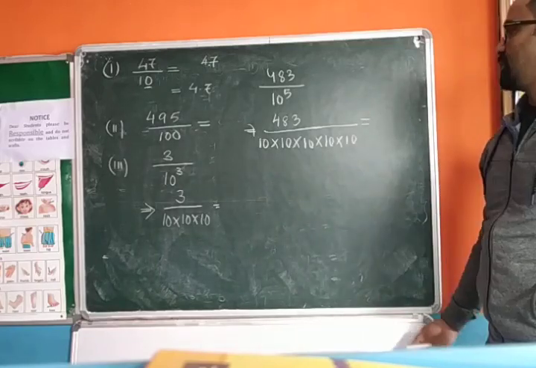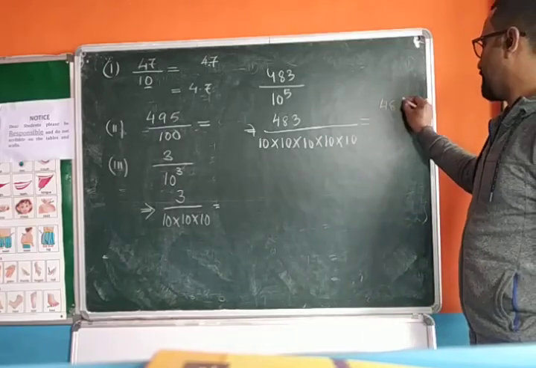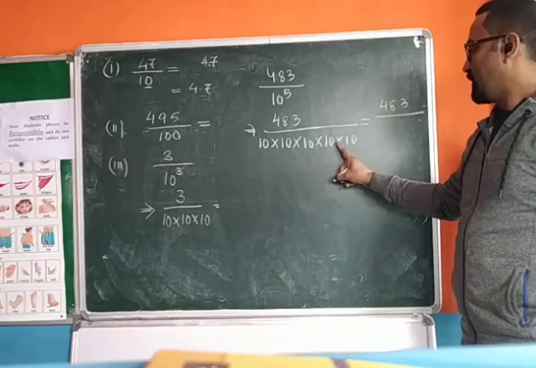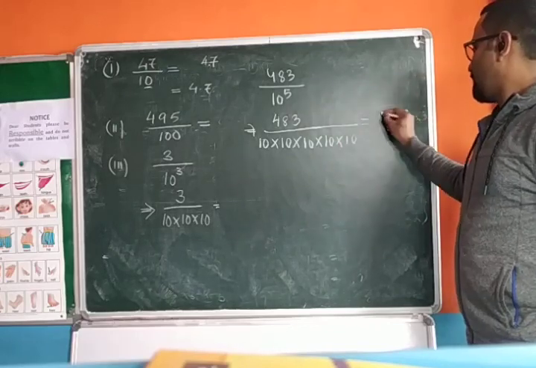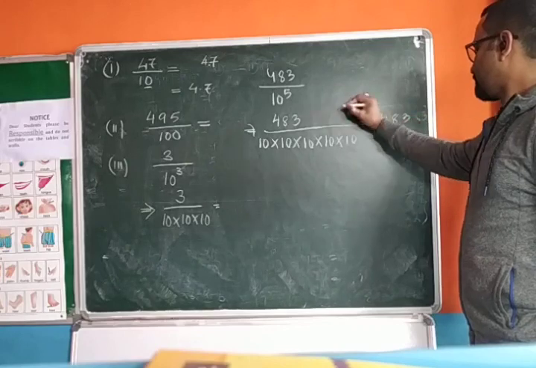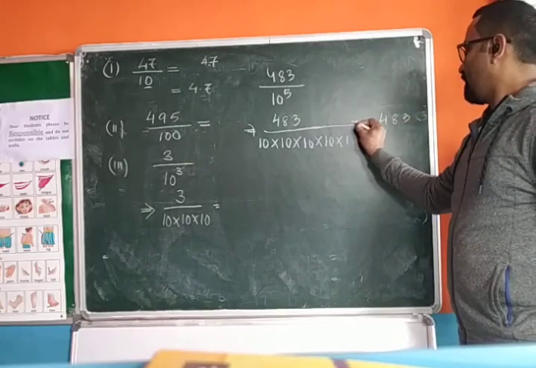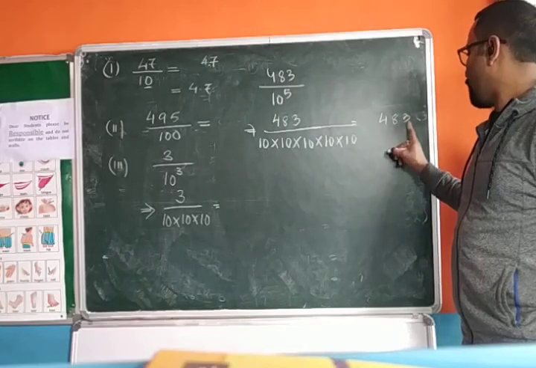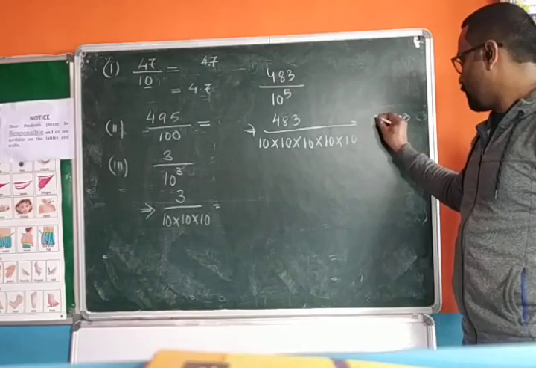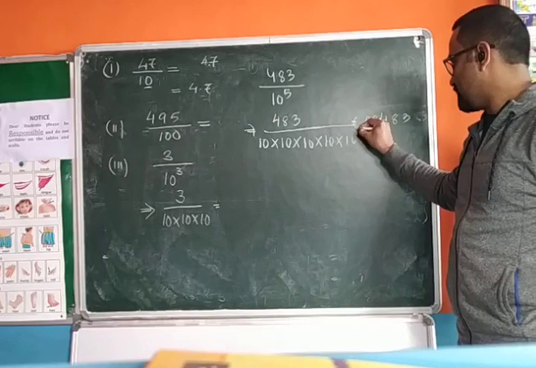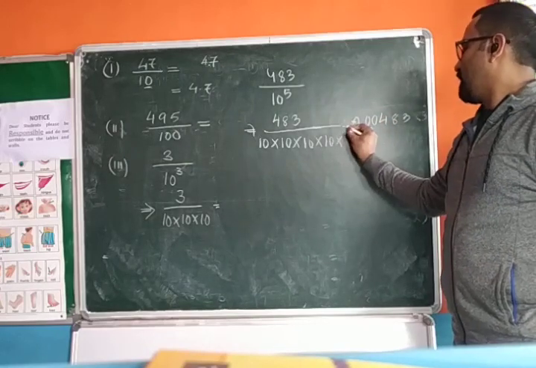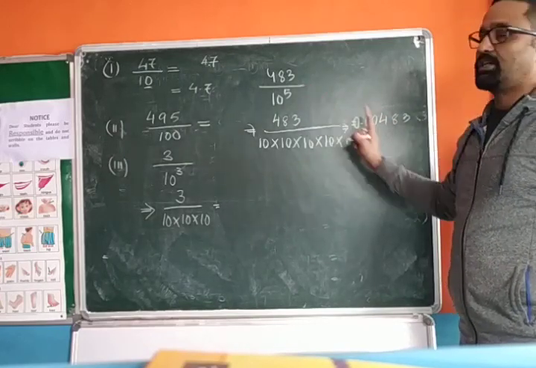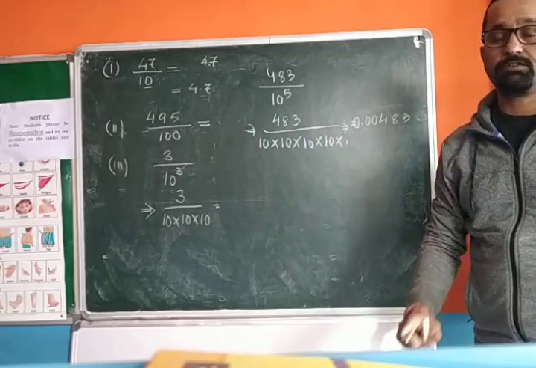Now we write the numerator 483. Count 1, 2, 3, 4, 5 zeros, so you have 1, 2, 3, 4, 5 places, decimal, 0. The given fraction gets converted to a decimal fraction.